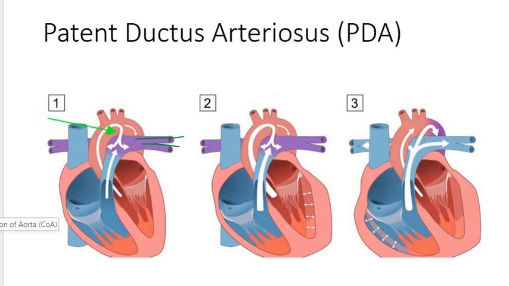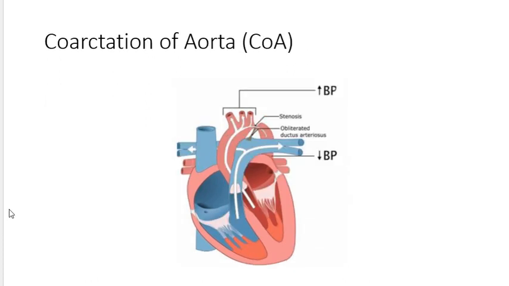The next up is coarctation of the aorta. Like we already covered, it is a congenital stenosis of part of the aortic arch, with increased blood pressure on the parts before the stenosis and decreased blood pressure on the parts after it. How do you actually end up feeding the lower limbs then? Well, there are collaterals.